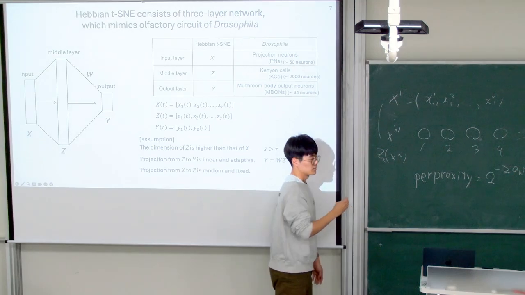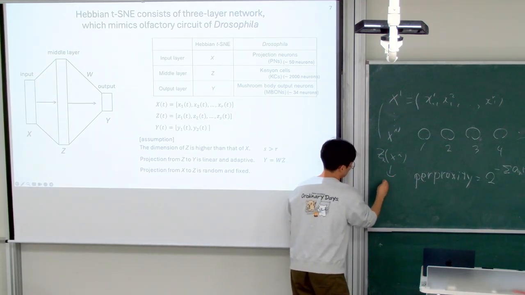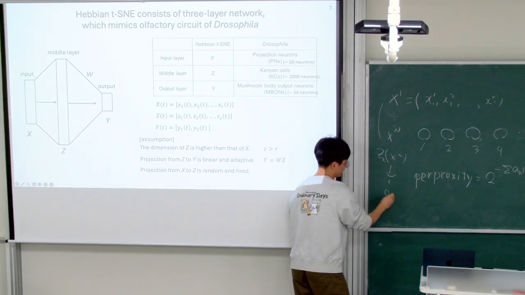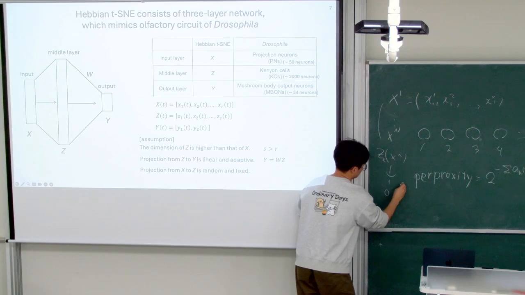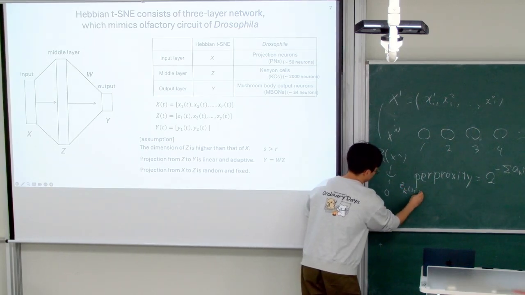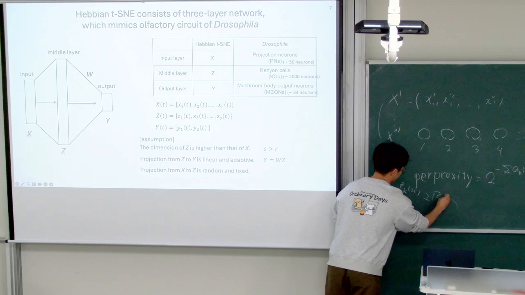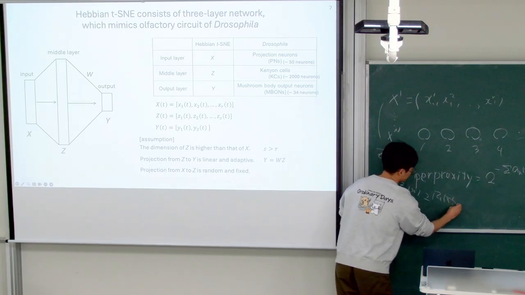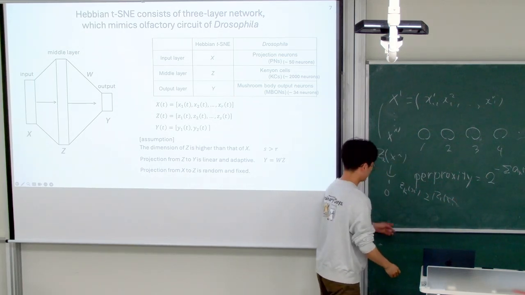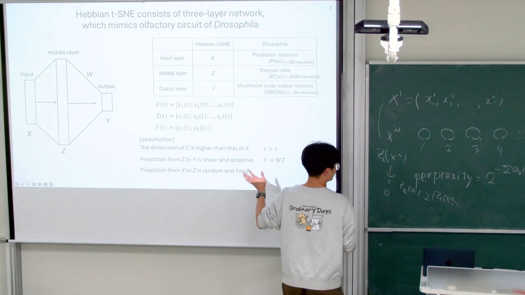And this is transformed to 1 or 0, depending on whether zk is larger than all other zk, for example, x1. That's winner takes all, and otherwise 0. Then it makes sense.